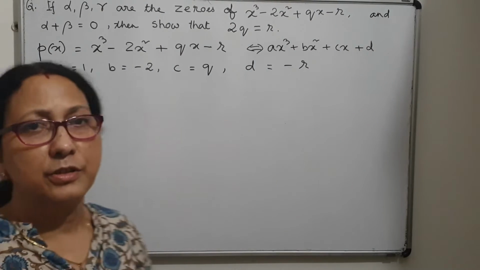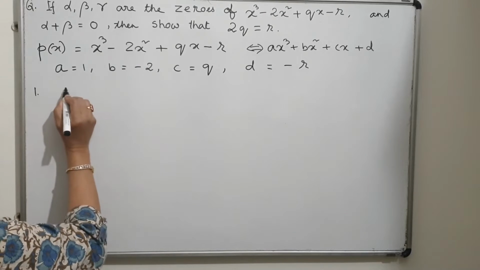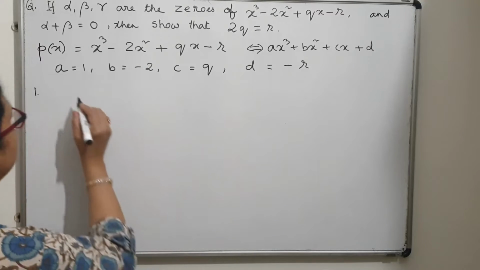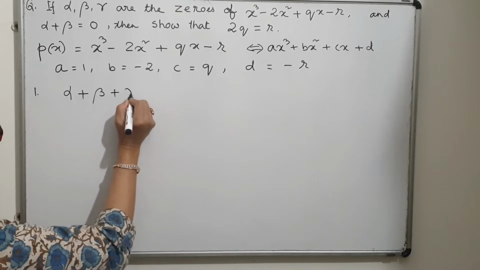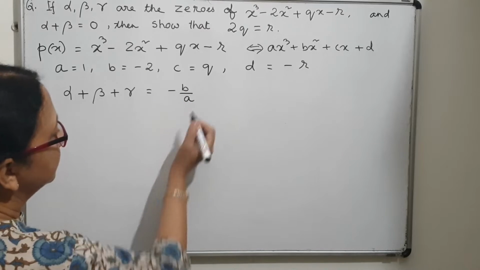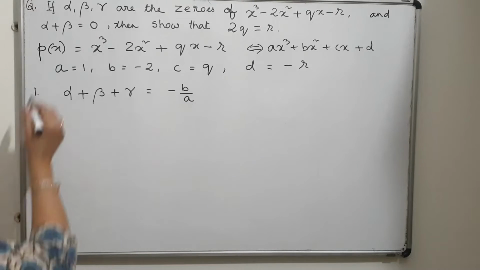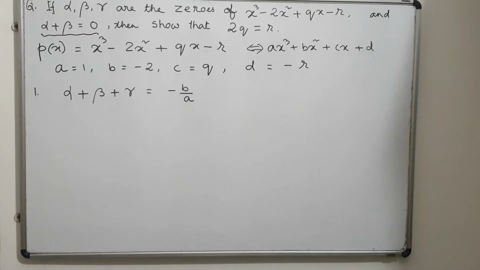Now after that we will write the relationships. First relation between the zeros and the coefficients: the sum of the zeros taken one at a time is minus b upon a. It is given that alpha plus beta is 0. That is, the sum of two of its zeros is 0.